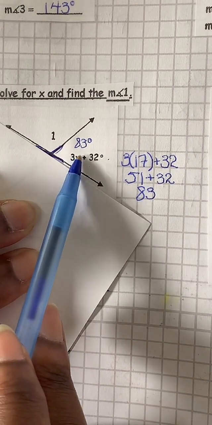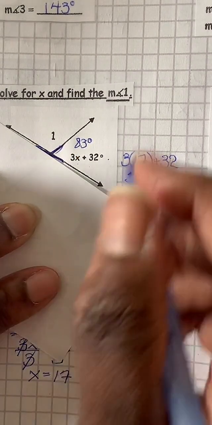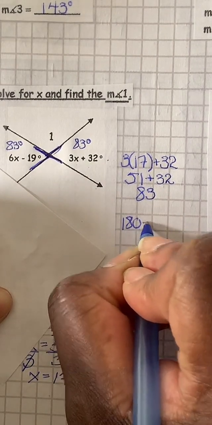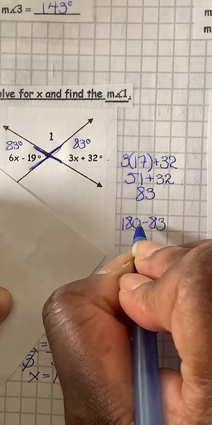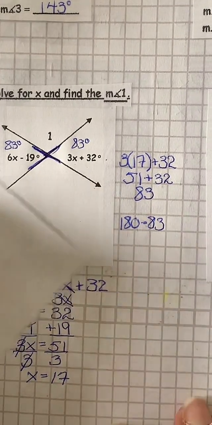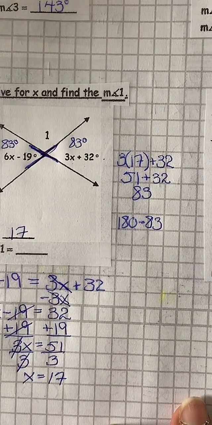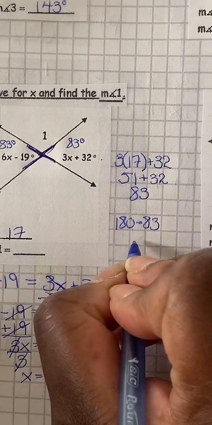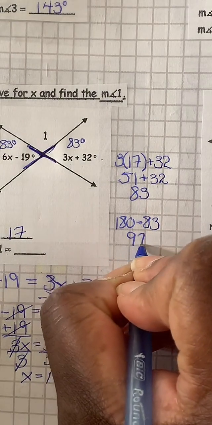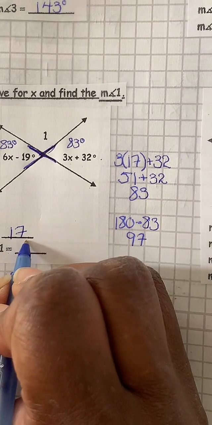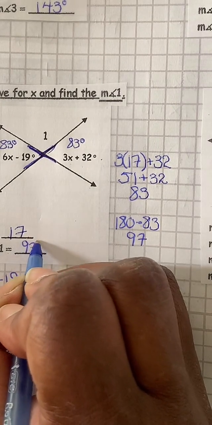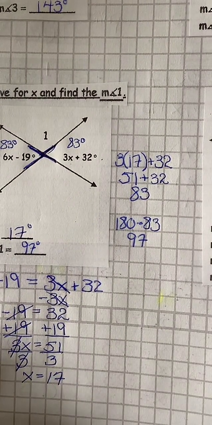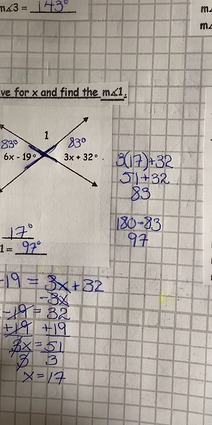So I need to take that 180 minus 83. Okay, so now you got your 180 minus your 83. That's going to give you 97. That's the measure of angle 1. Okay, does that make sense now?